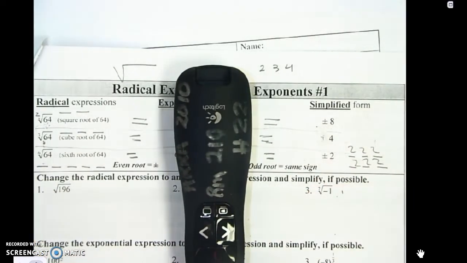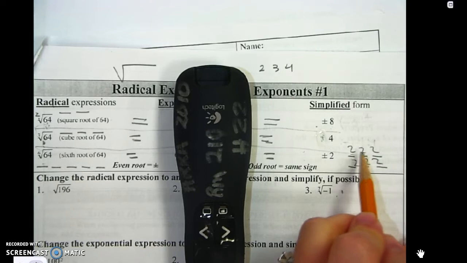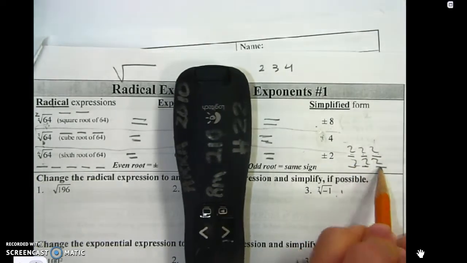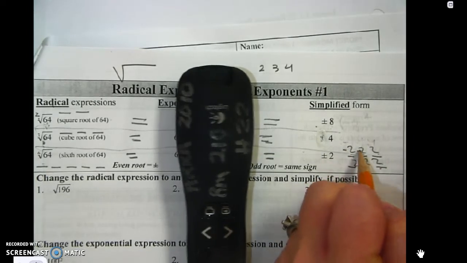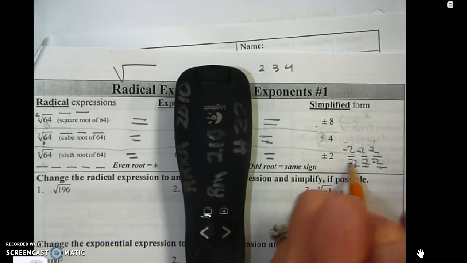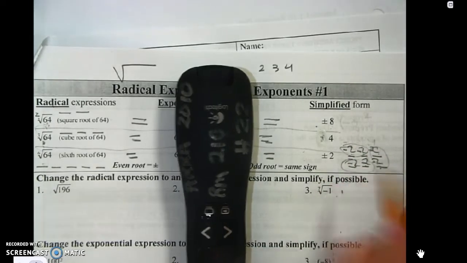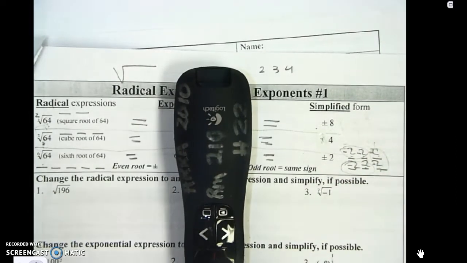Not obviously, but your calculator would tell you that, or you'd multiply it out. 2 times 2, 4 times 2, 8 times 2, 16 times 2, 32 times 2, 64. But if I made these negative, a negative and a negative, positive, a negative and a negative, positive, a negative and a negative, positive. So what does that tell you?